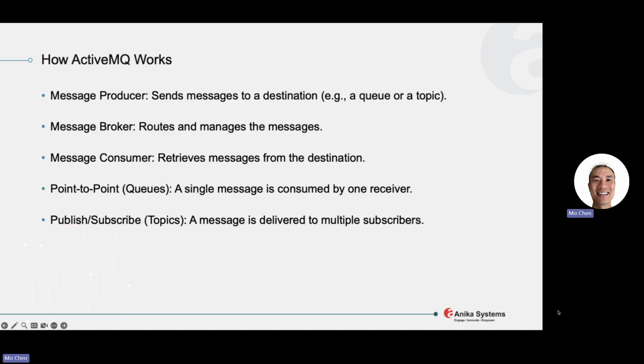ActiveMQ consists of three parts. The message producer is responsible for sending messages to destinations, such as a queue or a topic. The message broker routes the message. The message consumer retrieves a message from the destination.